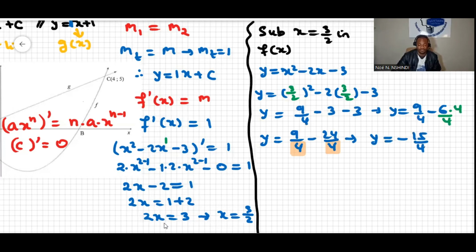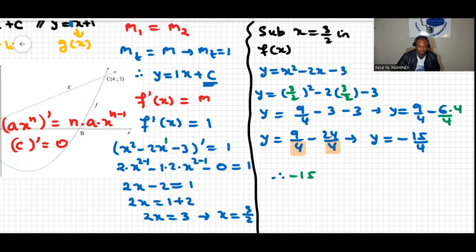So now we have the y coordinate of the point of contact between the parabola and the tangent line. So therefore we can find the value of c that we're looking for here. Okay, so we sub in y as negative 15 over 4.